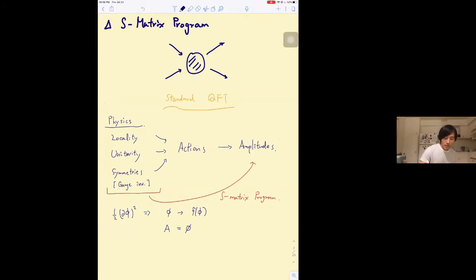For example, just based on kinematics, for 4-point we have the S and T parameters. And in the case of spin, you can also use the little group to constrain your data. So from here, you can parameterize what freedom you have in your theory.